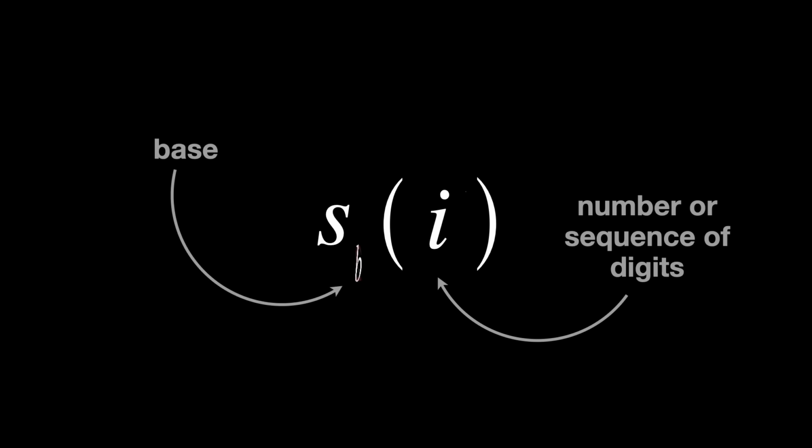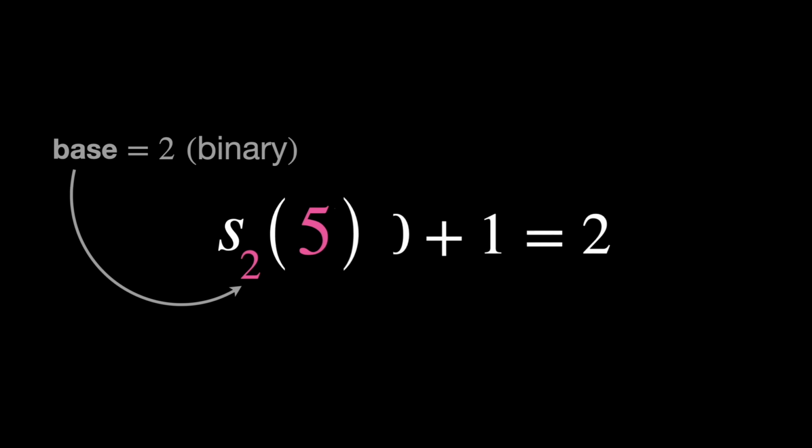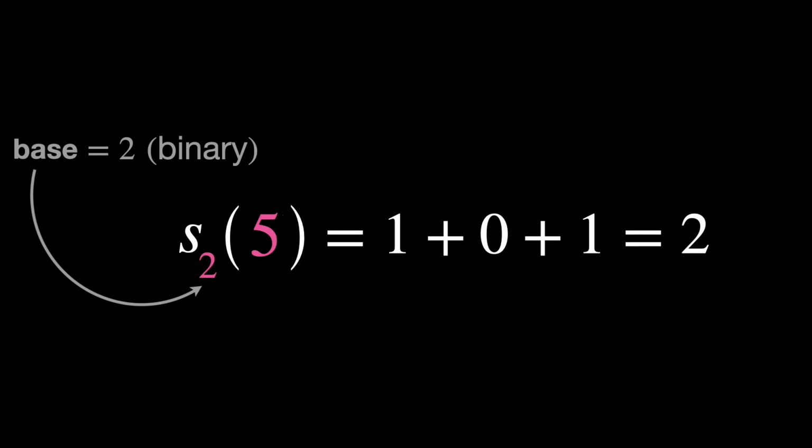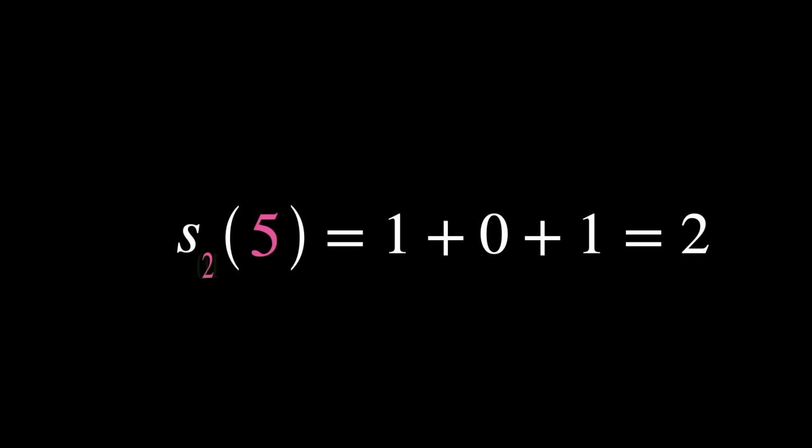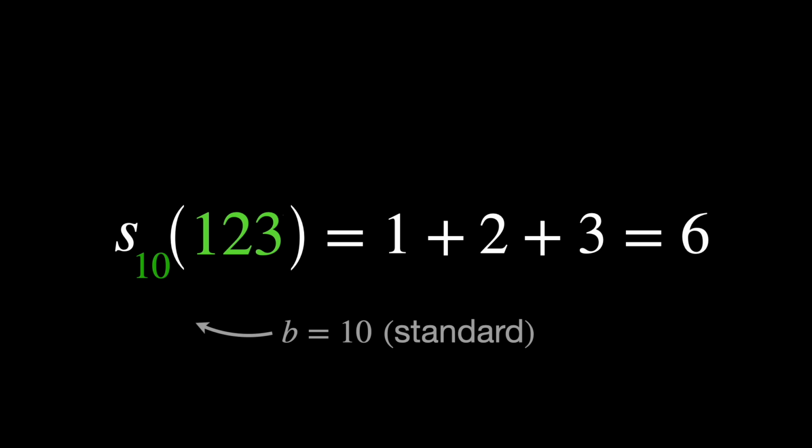For example, s in base 2 of 5 is 1 plus 0 plus 1, which is 2, because the base is 2, so we need to write the number 5 in binary, which is 101. s in base 10 of 123 is 1 plus 2 plus 3, which is 6, because the base is 10 anyway.